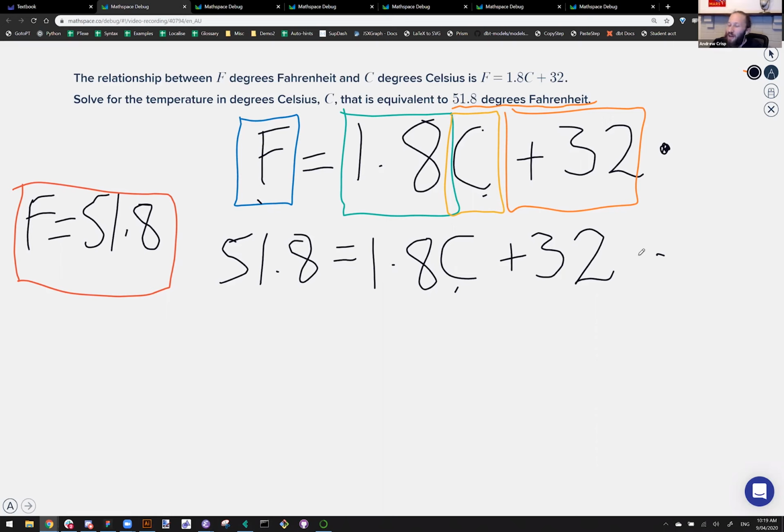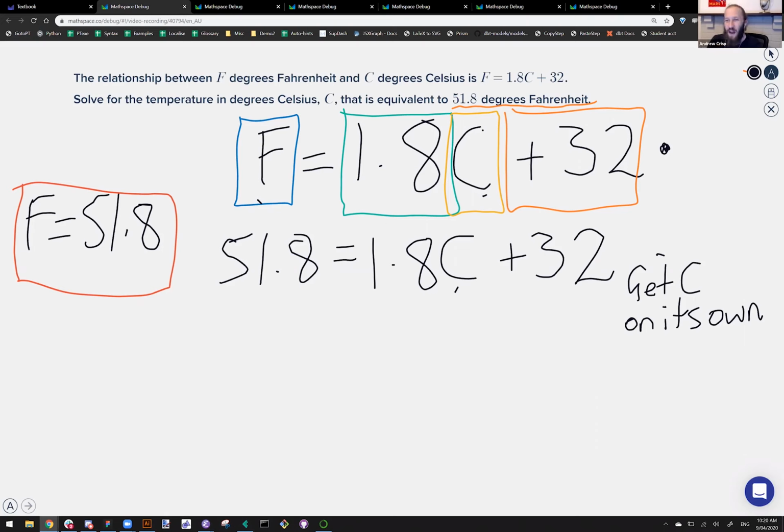Before, it was V equals a whole bunch of numbers. So that's what we're going to try and do here. We're going to get C on its own. If we have C equals something, and that's something we can put into a calculator, we're done.